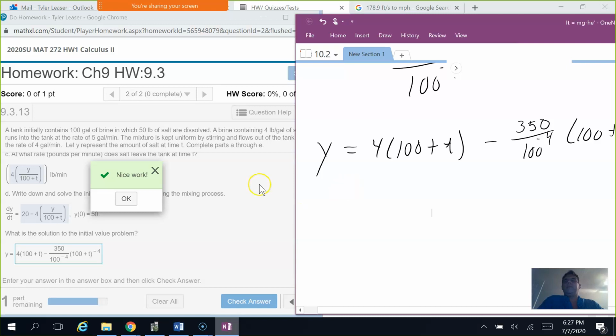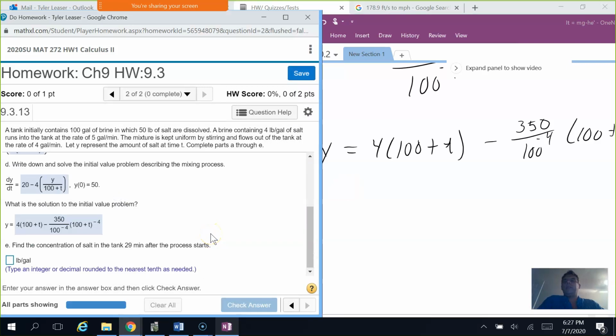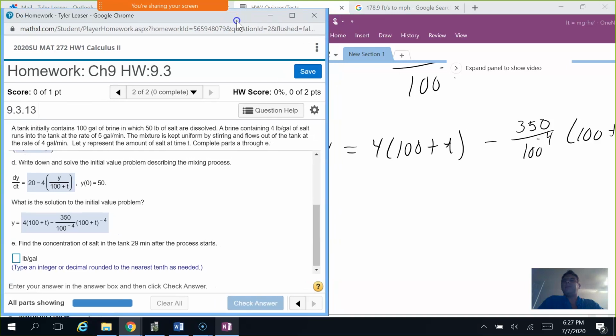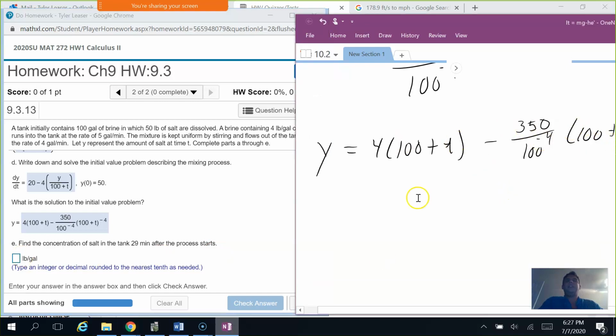Oh, there's another part to it. Find the concentration of salt in the tank 29 minutes after the process starts. That would just be plugging 29 into this. Let's see, 4 times 100 plus 29.